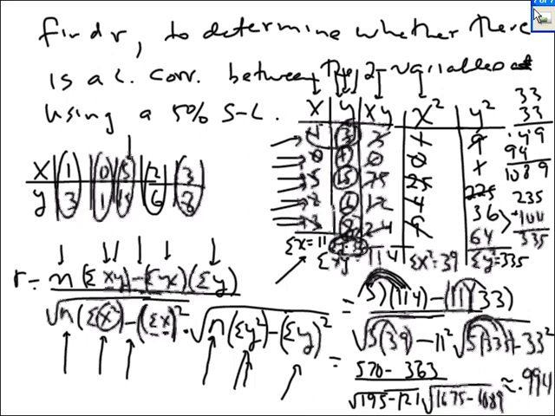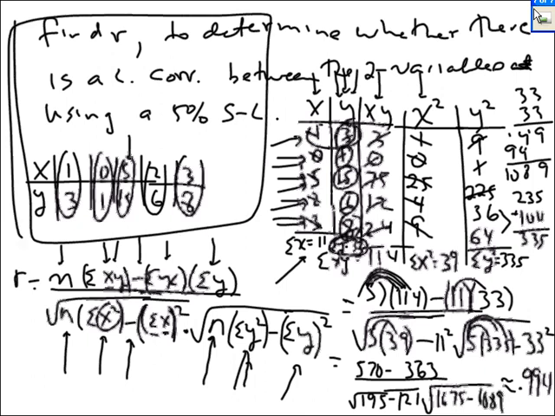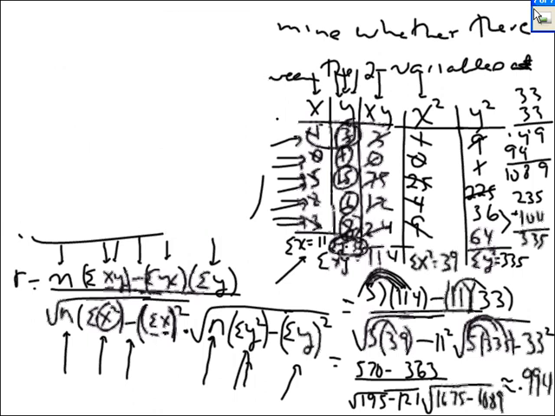Okay. The next thing you do is, well, let's make our little bell curve. The next thing you need to do is compare it to the value you get from the R table.